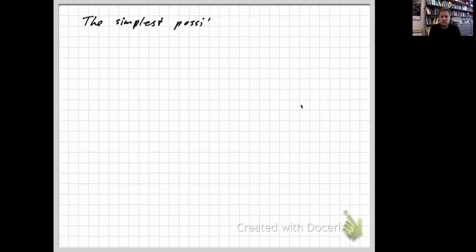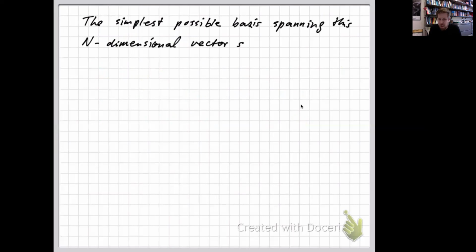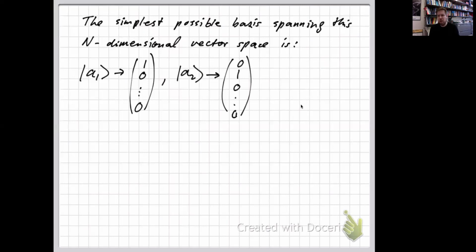The simplest possible basis spanning such a space is 1, 0, 0, 0; 0, 1, 0, 0; 0, 0, 1, 0; and so on. That's the easiest orthonormal basis: the first basis vector is just 1 followed by n minus 1 zeros, the second one shifts the 1 down by 1, the third one shifts it down by 2, and the nth one shifts the 1 all the way to the nth position.